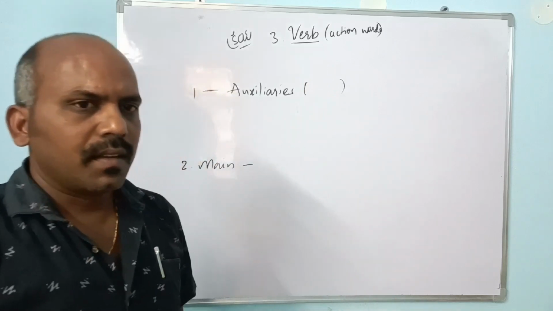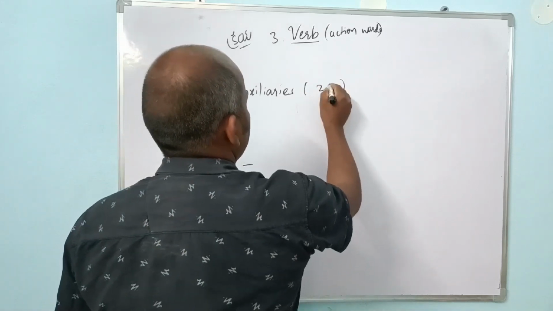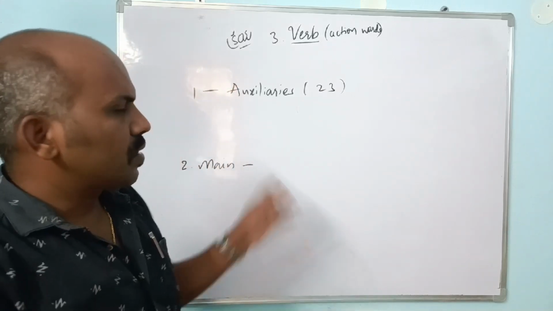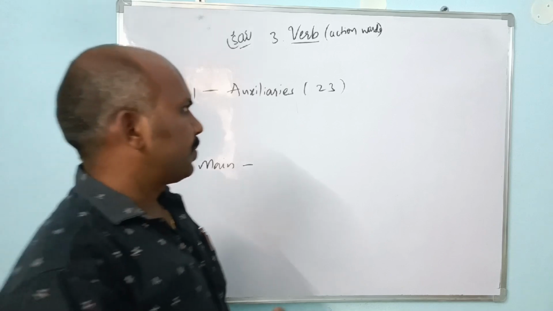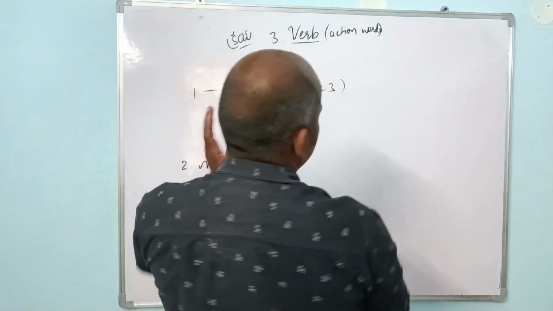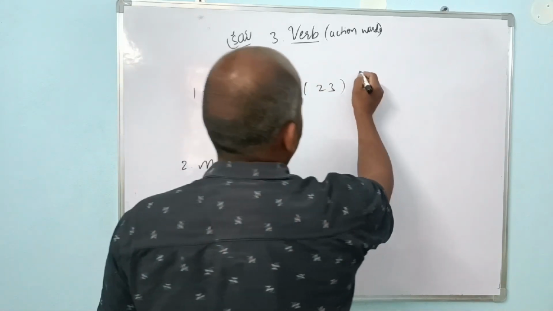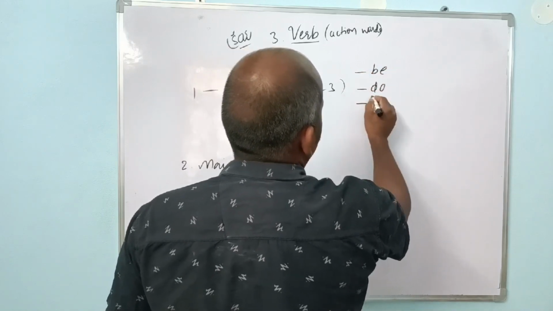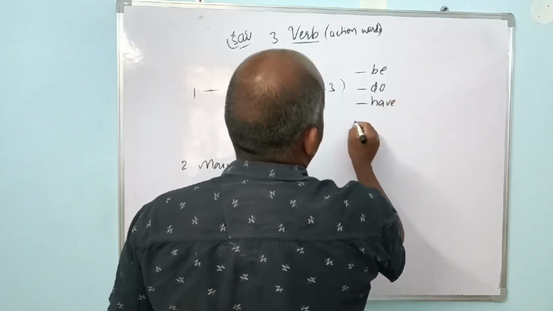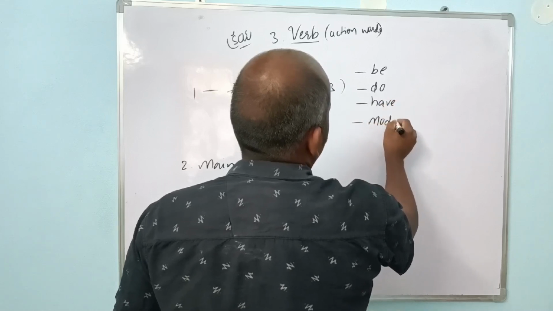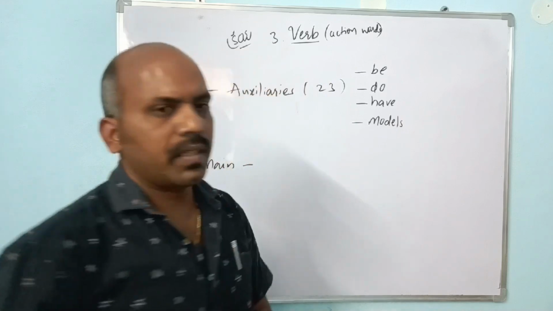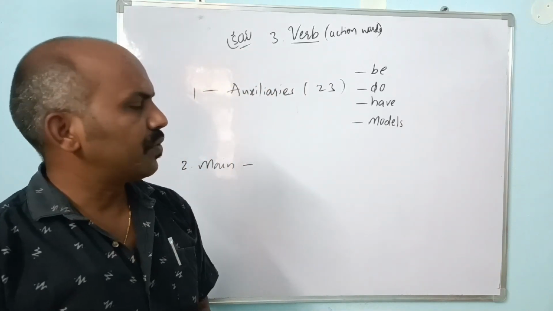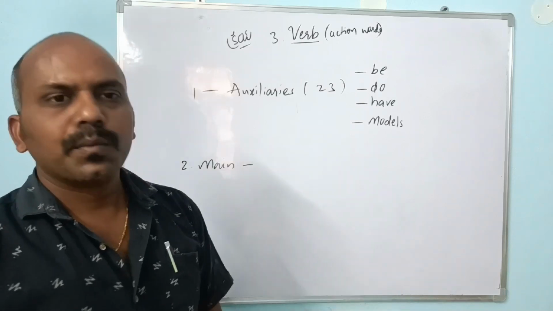Here I'll give you just 23 auxiliaries in English, and those are divided again into a few parts. These 23 auxiliaries are divided into be forms, do forms, have forms, and modals. Four types again these auxiliaries are: be forms, do forms, have forms, and modals.